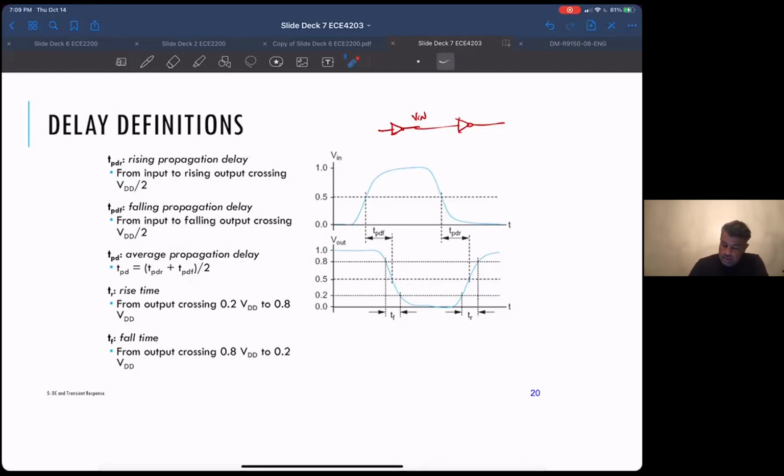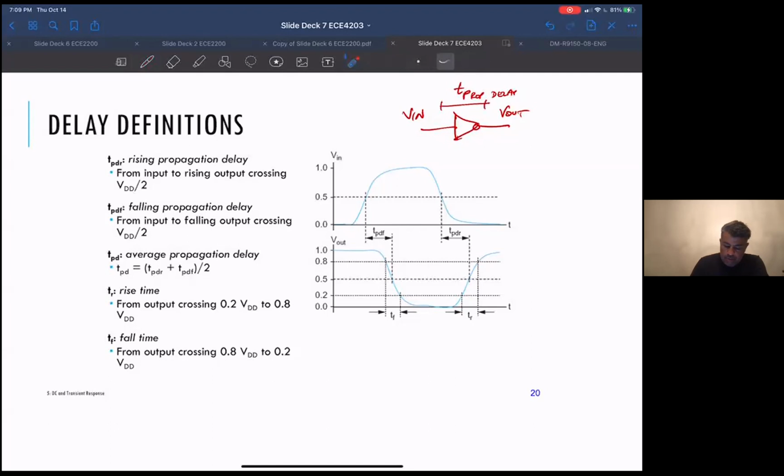So when you're looking at something like this, let's just say this is Vin, this is Vout. We're always talking about this inverter here, okay? So the propagation delay, prop delay, is from in to out, okay?